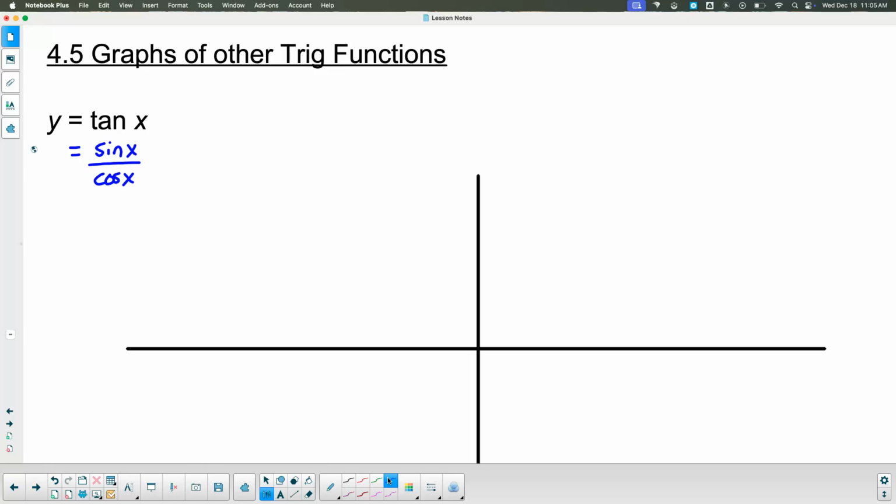What's another way to describe tangent? Opposite over adjacent, but that's only in a right triangle. We're not in a right triangle yet. What if we were on the unit circle? How would we describe tangent? Y over x.